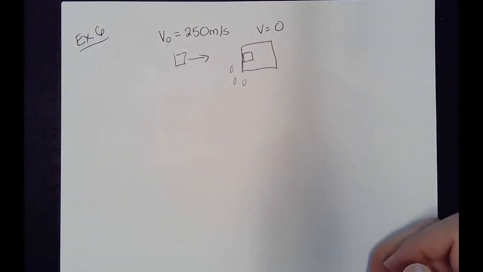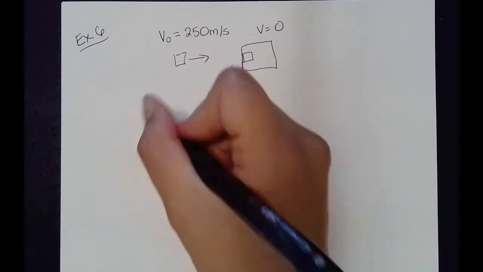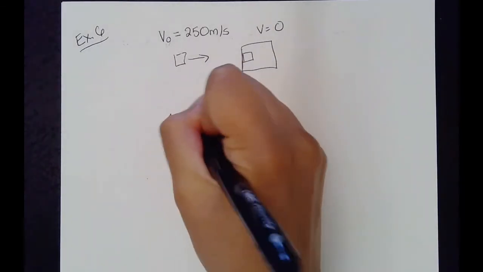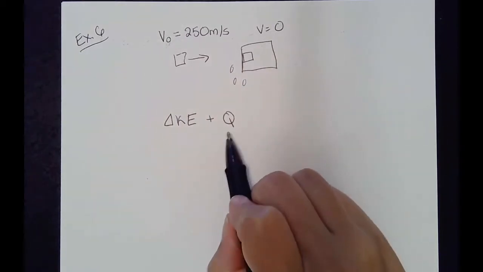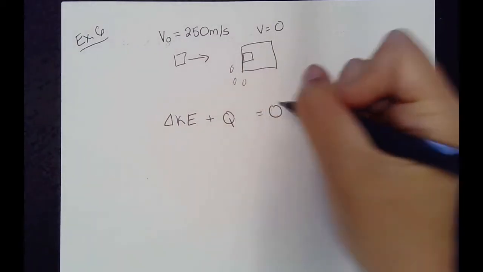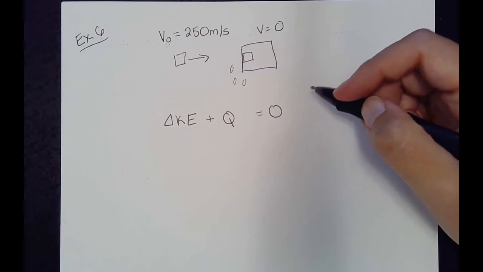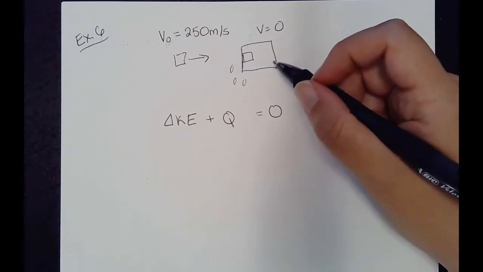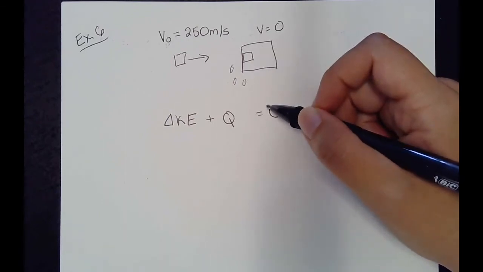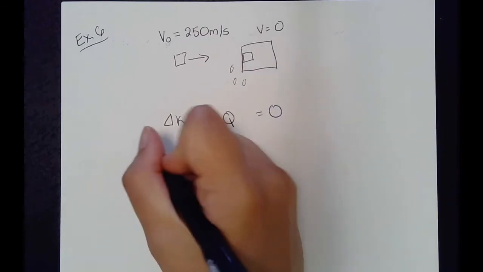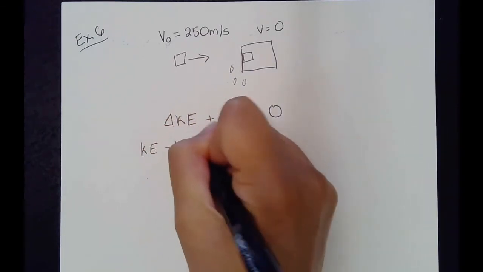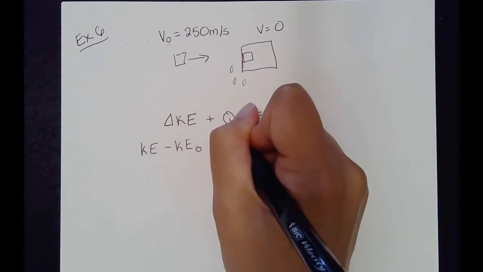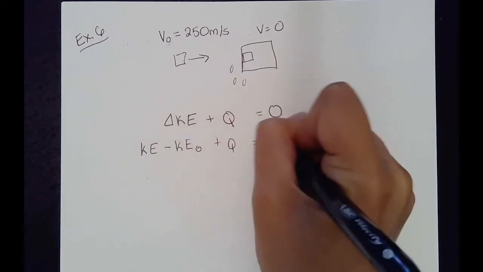So if we write out the conservation of energy statement here, we have delta KE, a change in kinetic energy, plus Q, the heat transfer, equal to 0. So this is an example where kinetic energy is actually converted into thermal energy, which melts some of the ice. So we'll have kinetic energy final minus kinetic energy initial, plus Q equals 0.